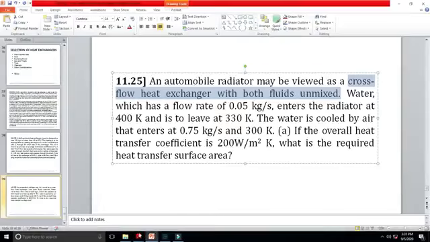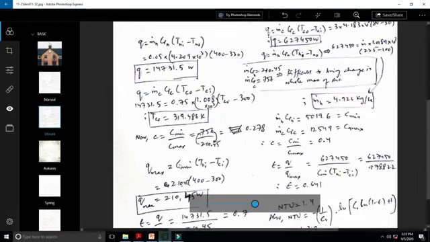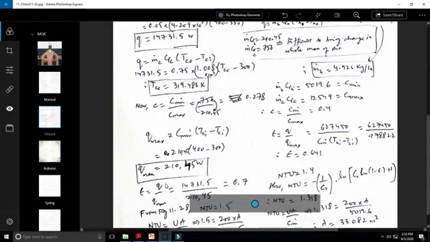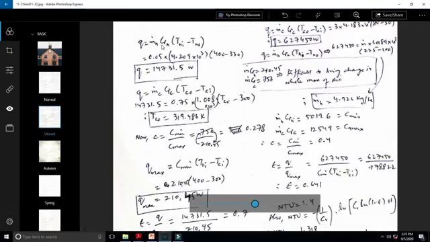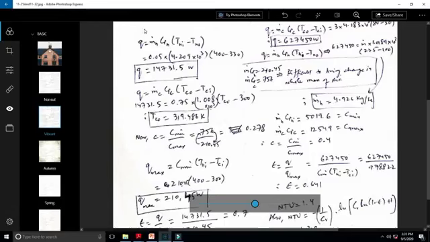Let's calculate C first, because epsilon would require the calculation of Q as well. So C is Cmin over Cmax. Now we need to multiply this mass flow rate with Cp of H. If you multiply 0.05 with 4.209 exponent 3, we get 210.45. So CH is 210.45.